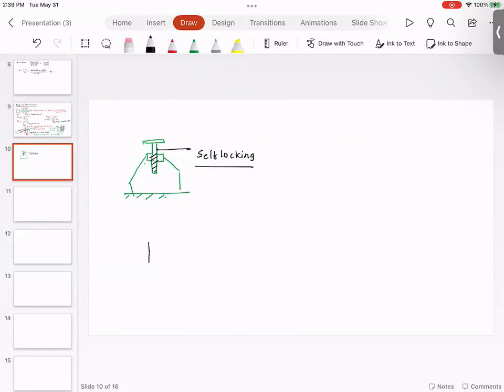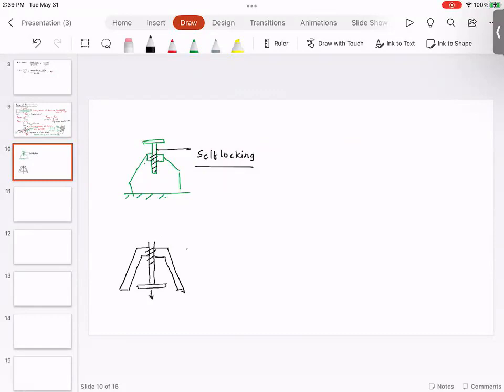There is another application, something like this. You want to use this screw for maybe a punch operation, where you want to actually punch a hole. In that case, you want this screw to be running so that the screw will come down and punch the hole.